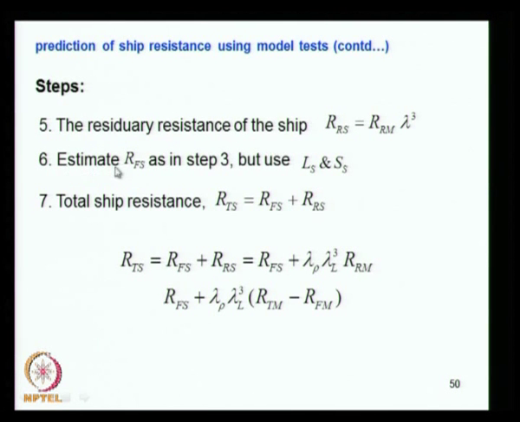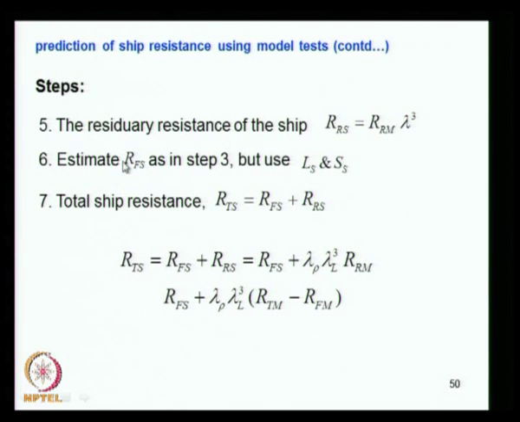What you do is you estimate RFS, the frictional resistance of the ship, as in step 3. That is, you find the Reynolds number of the ship, then use the ITTC formula 0.075 divided by (log Rn_s minus 2) the whole square, which gives CFS, and then CFS multiplied by half rho S V square gives the RFS.